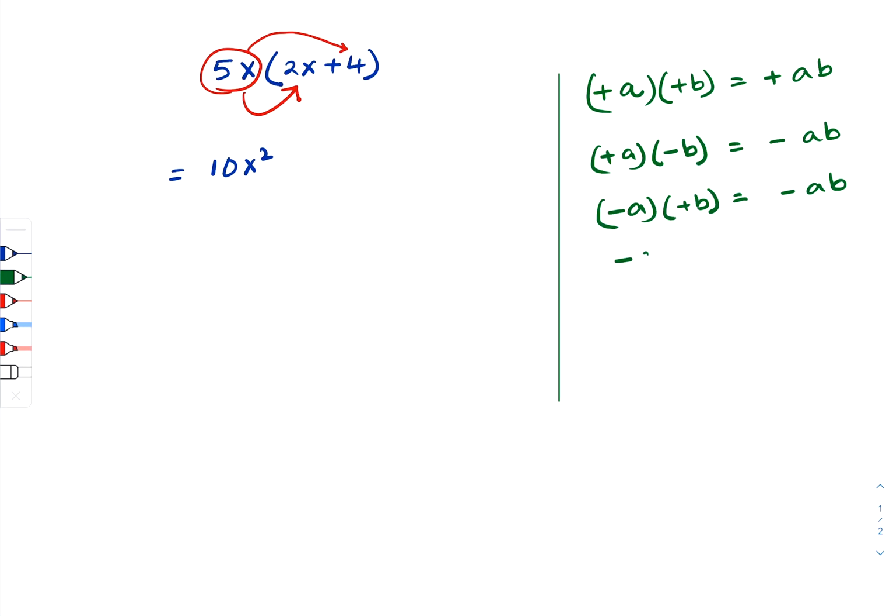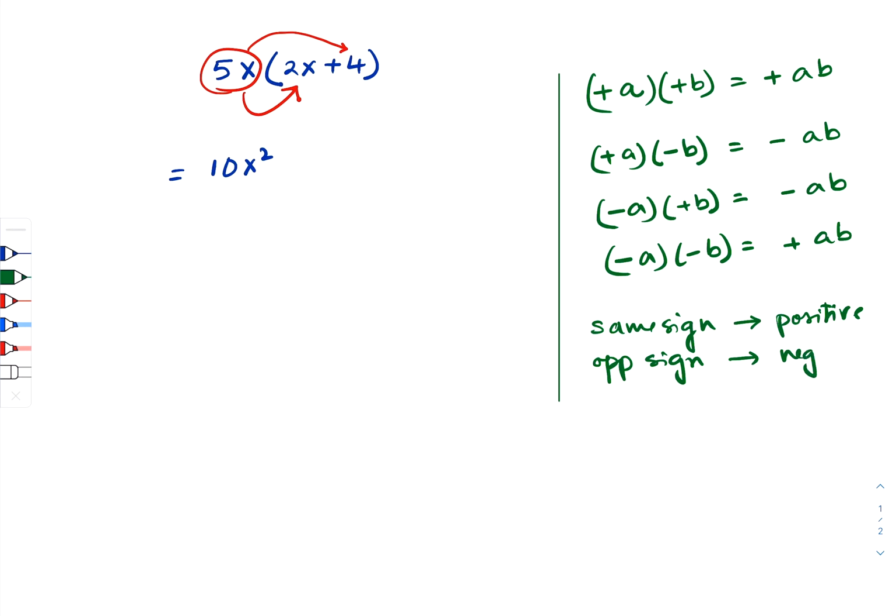Now, if you had a negative A and a negative B, the negatives actually cancel each other out, so the net is positive, and the A and B give you AB. To sum this up, if you're multiplying terms with the same sign, the net is always positive. But if you're multiplying terms with the opposite sign, the answer is always negative. Okay, hopefully that makes sense.